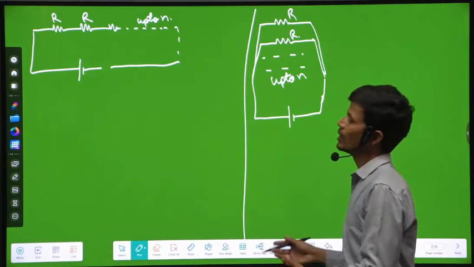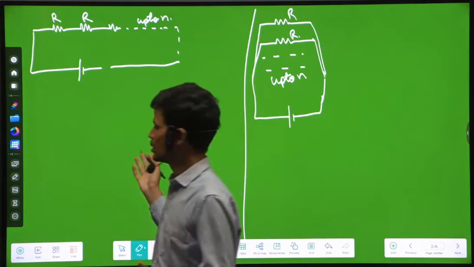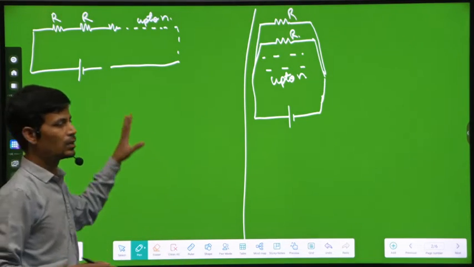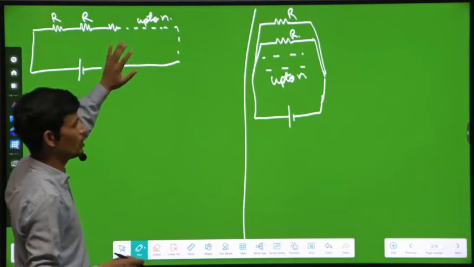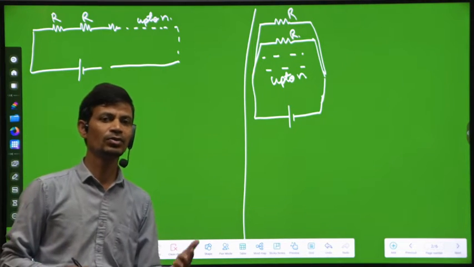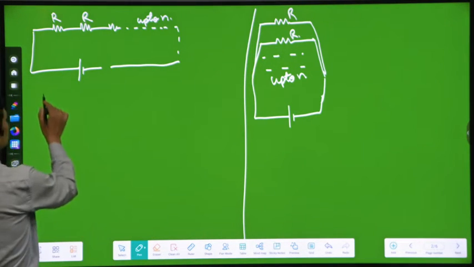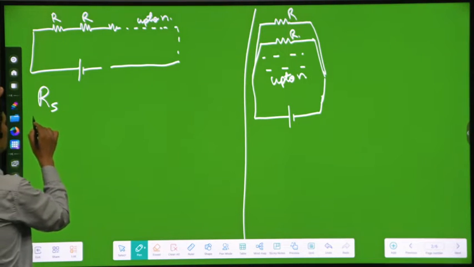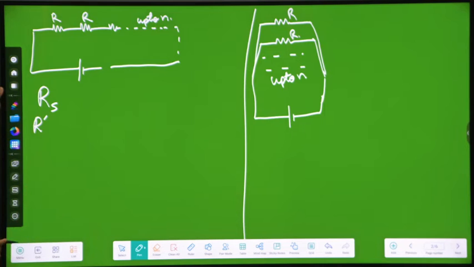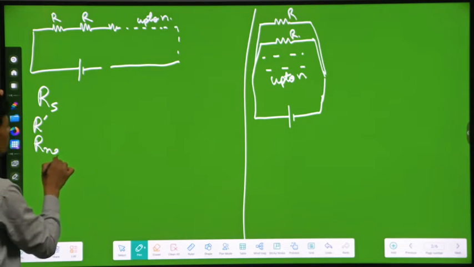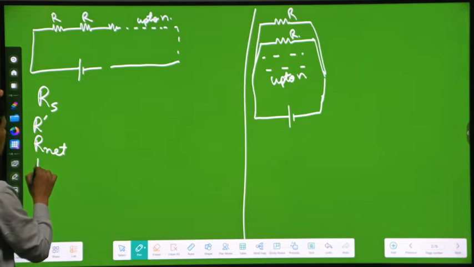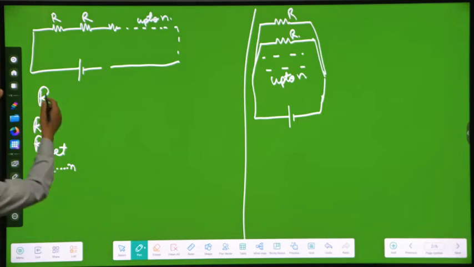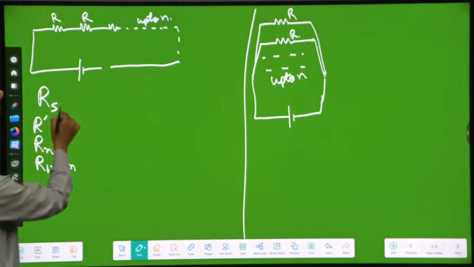And if you are asked to find their resultant, first thing you need to understand, they have given this symbol R, so in your expression you can't use the symbol R. So Rs for series combination, or R prime, or R net, any of the symbols you can use, and that's all.